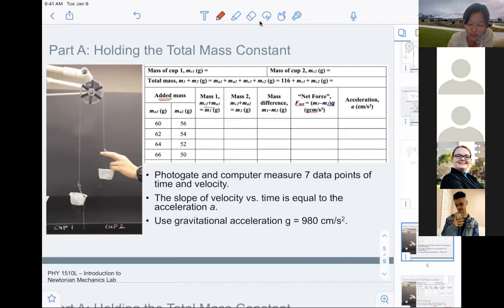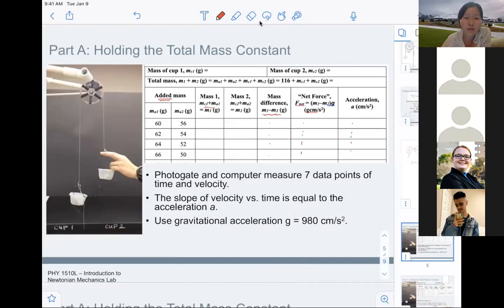You get the total mass 1 and total mass 2, okay? And then list all the differences in the masses, because the difference between M1 and M2 is different for each of the trials, and that difference gives you the net force, and then you measure the acceleration directly. The video will tell you what the acceleration is.